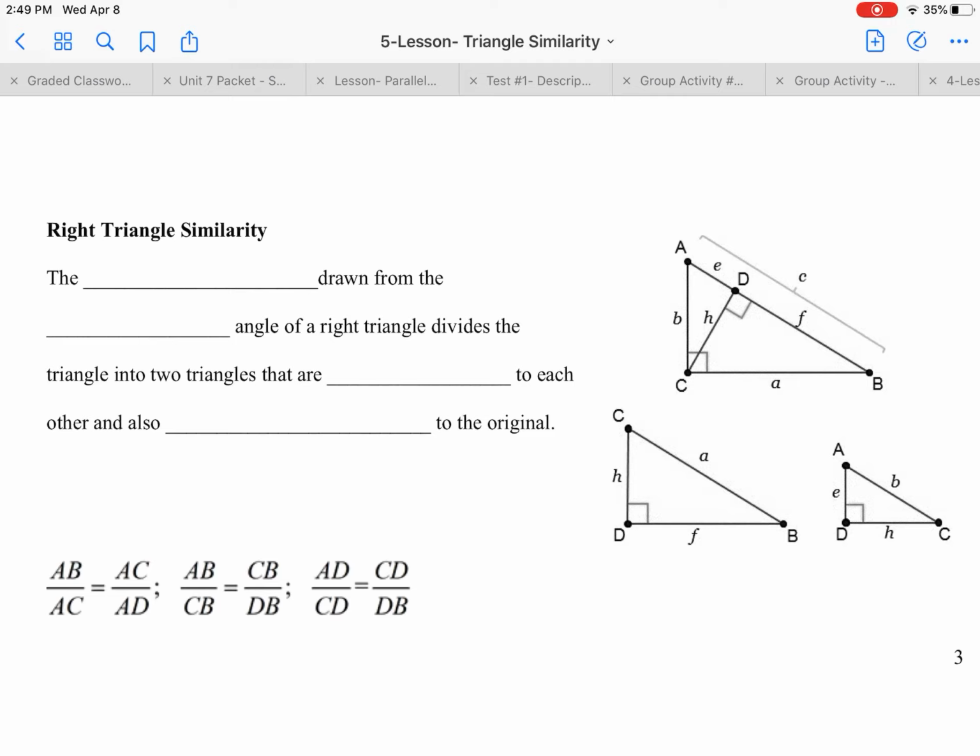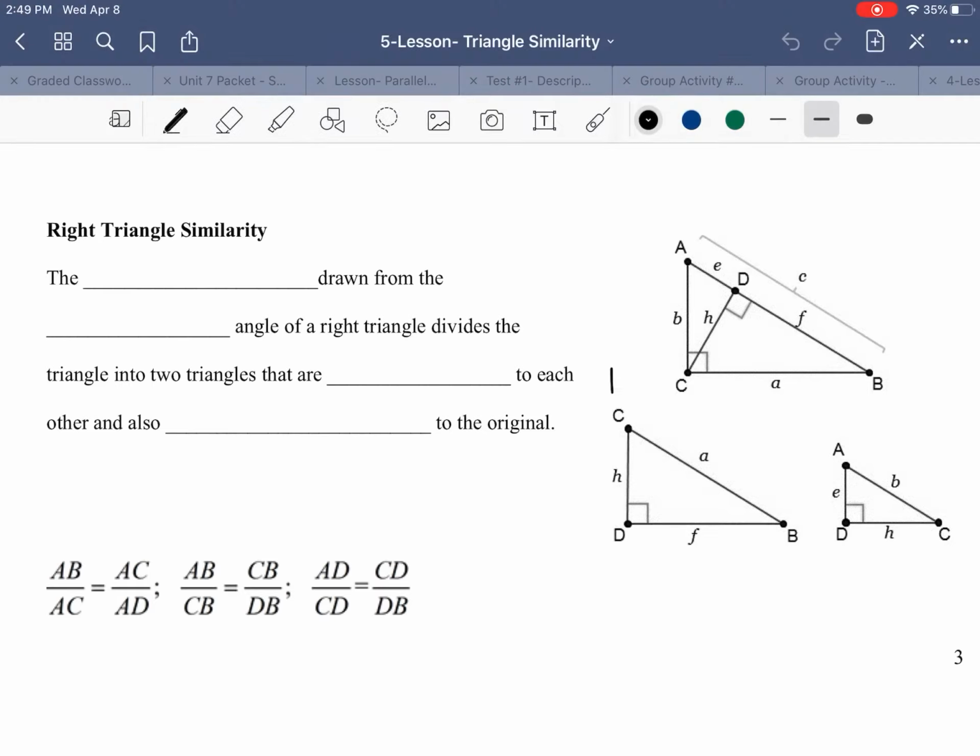So right triangle similarity: the blank drawn from the blank angle of a right triangle divides the triangle into two triangles that are blank to each other and also blank to the original. So a lot of blank. Right, so let's start filling in the blanks. So the altitude.